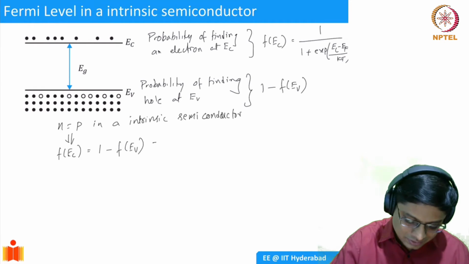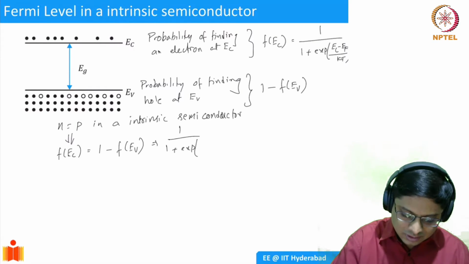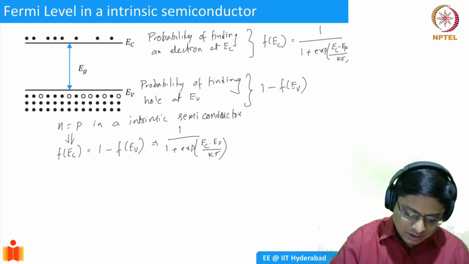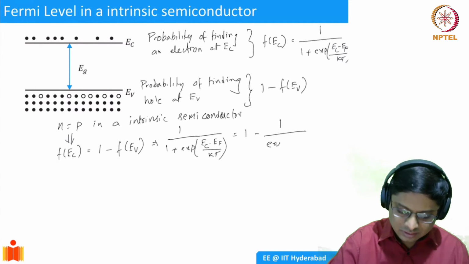That implies the left hand side is simply 1 over 1 plus exponential of (EC minus EF) by KT, and this should be equal to 1 minus 1 over 1 plus exponential of (EV minus EF) by KT, right?